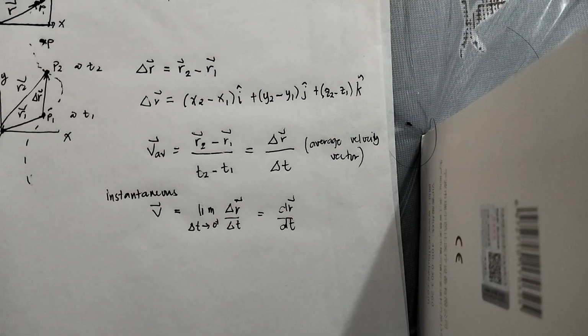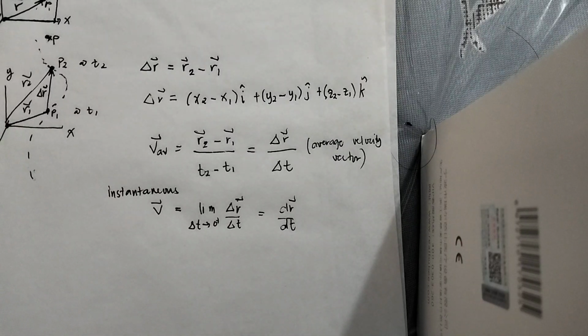The magnitude of your vector V at any instant is the speed of your particle at that instant.